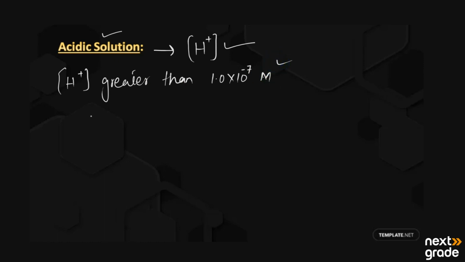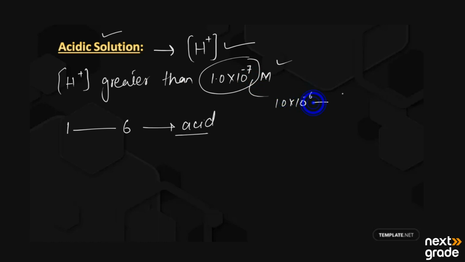On the pH scale, if the solution has a pH from 1 to 6, then the solution is acidic. If the concentration is greater than 1.0 into 10 raised to power minus 7, for example 1.0 into 10 raised to power minus 6, minus 5, minus 4 and so on, then the solution is said to be acidic.